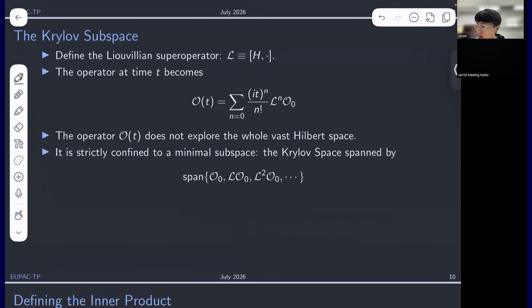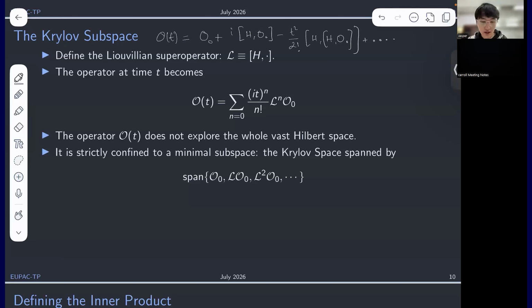So we can see at the beginning our operator at time t is defined by our original operator plus i t times the commutator between our Hamiltonian and the original operator, minus t squared by 2 factorial times the nested commutator, and so on, right?